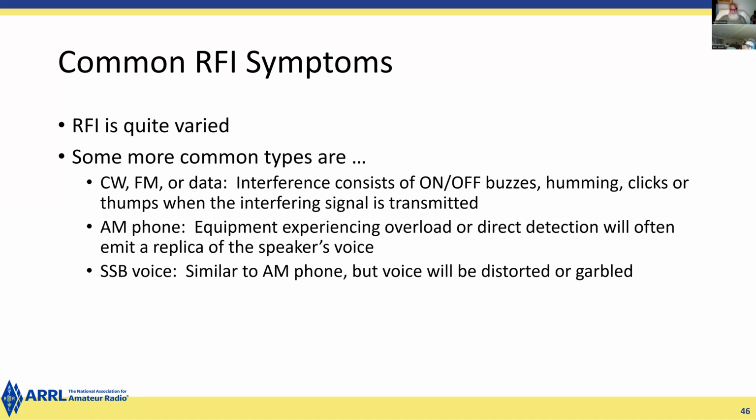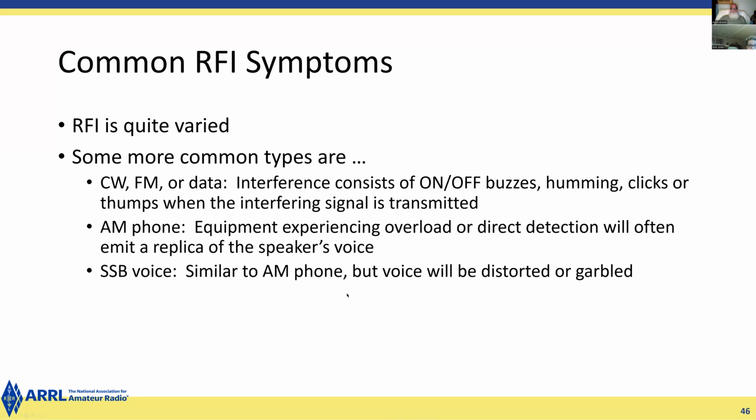For AM, if you're overloading some other piece of equipment, for instance, a cordless phone or a broadcast radio, sometimes you'll hear the speaker's voice, which is likely to be you.